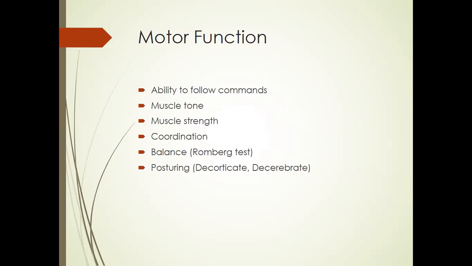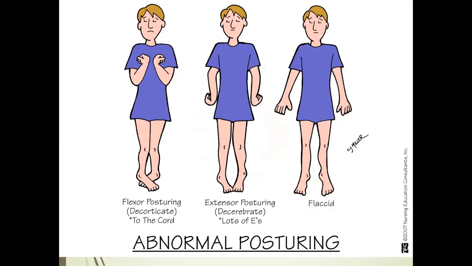Motor function: ability to follow command, muscle tone, muscle strength, coordination, balance like Romberg test, and posturing. Posturing is divided into different postures like the decorticate and decerebrate. You can see this picture and you can see different types of posture. First is decorticate and second is decerebrate.